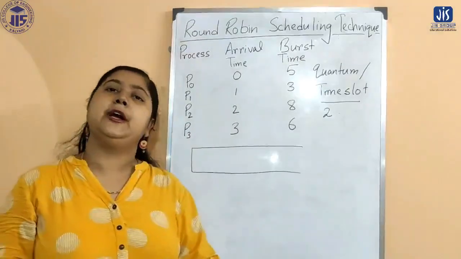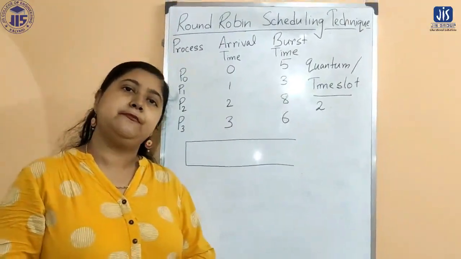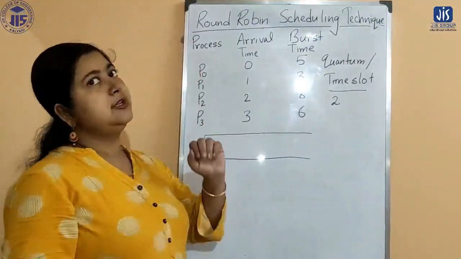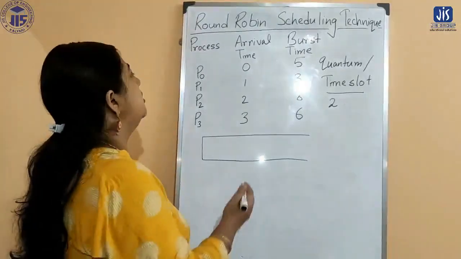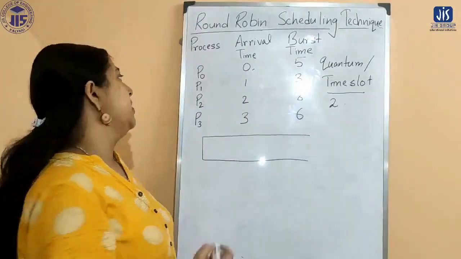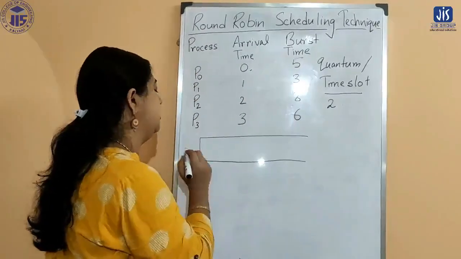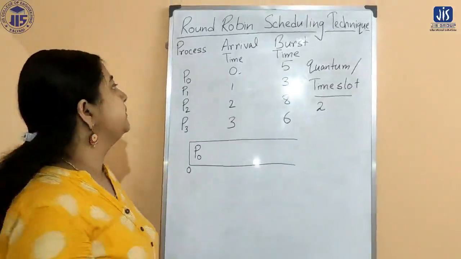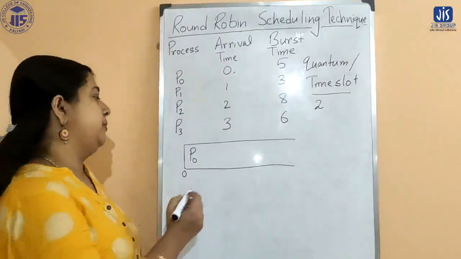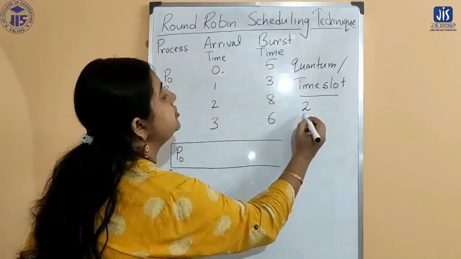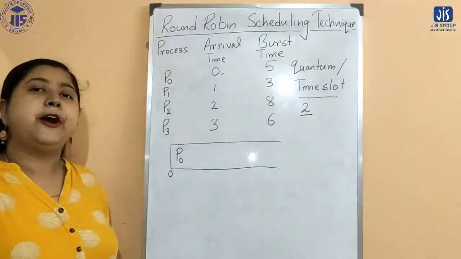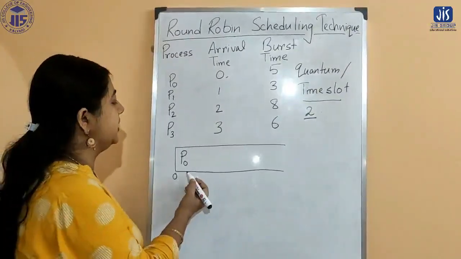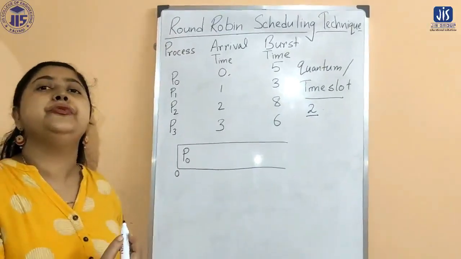The round robin scheduling algorithm is going to follow the FCFS technique. That means according to the arrival time, the processes are going to get the processor. So firstly at time 0 we have only one process, P0. So P0 will be allocated, and because 2 is the predefined time slot given for this problem, it can continue up to only 2 units of time.